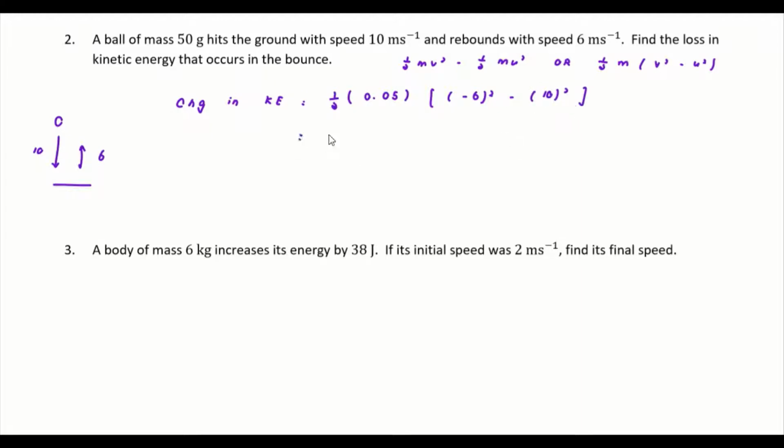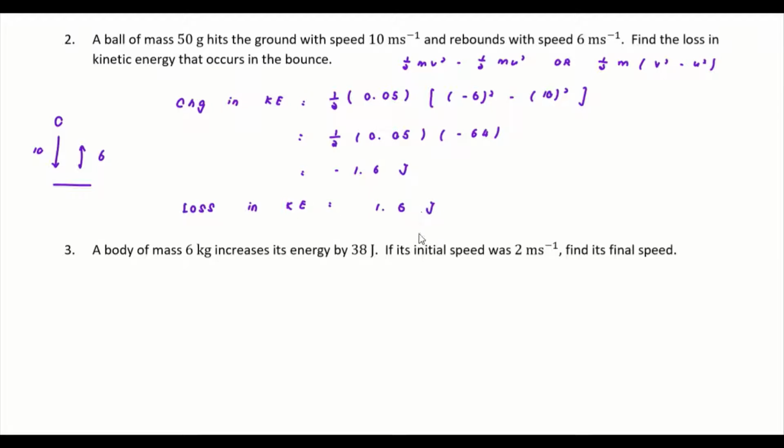Alright, so now let's solve it. 1 over 2, 0.05, then we have 36 minus 100, which gives us negative 64. So you can see your answer is a negative value, negative 1.6 joules, which means that's a loss. So the loss in KE will be equal to 1.6 joules.